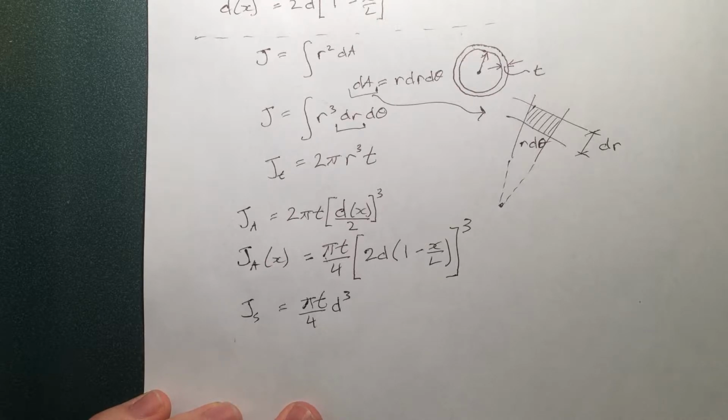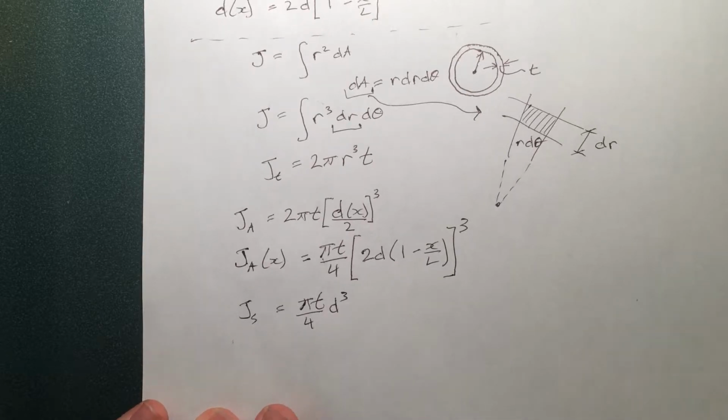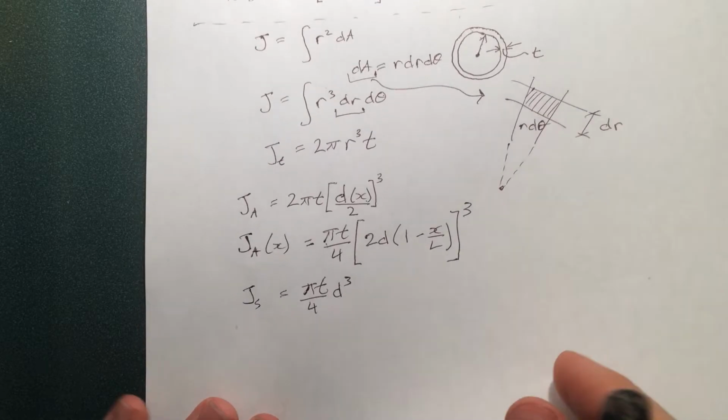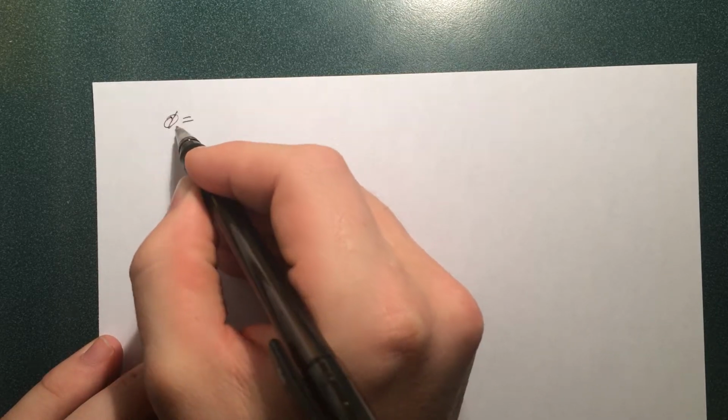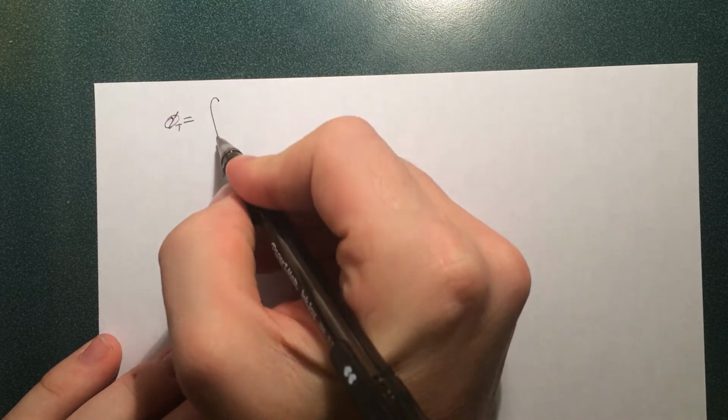So I'm going to work out the integration on the next page. It's rather long and tedious, but that's alright. So the first step then is to plug in all the values. So the phi total then is the integral.